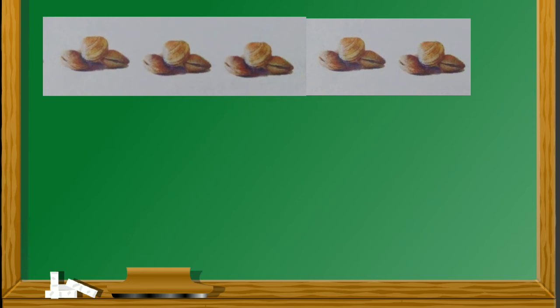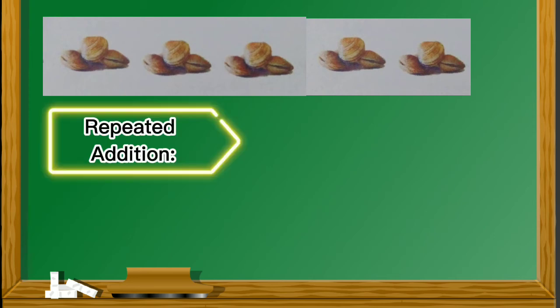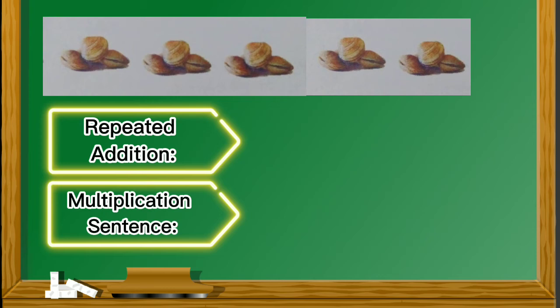This time, try to look at the picture presented on the screen. What you are going to do is write the repeated addition sentence as well as the multiplication sentence. What can you see in the picture? Do you see shells? If so, let us count how many shells are there in every set. 1, 2, 3.